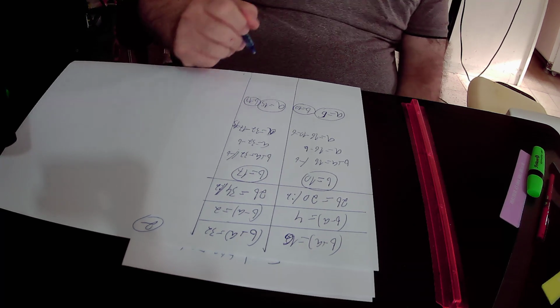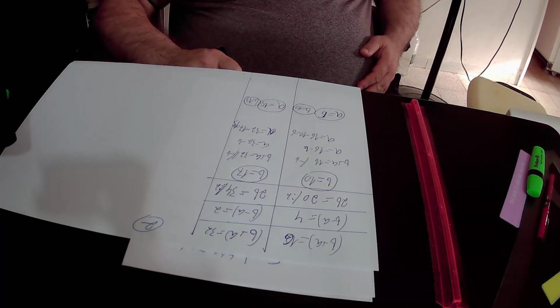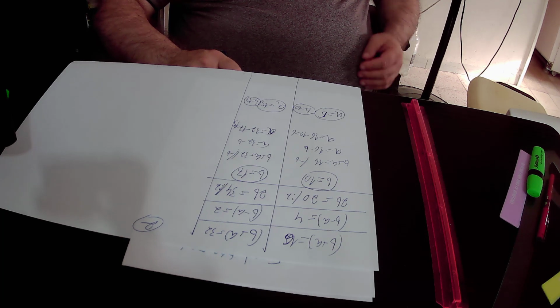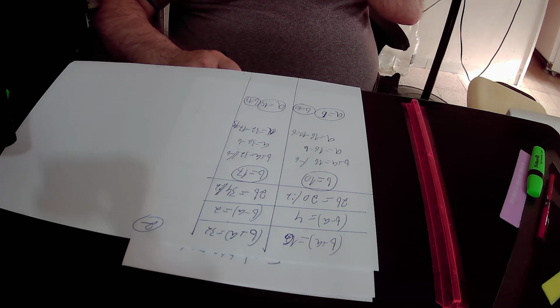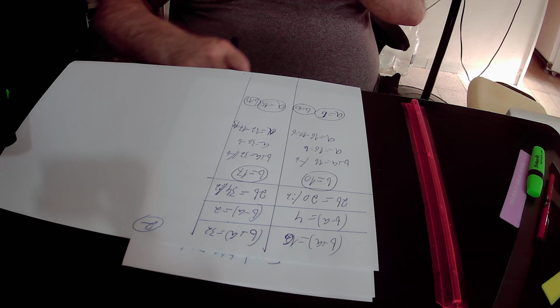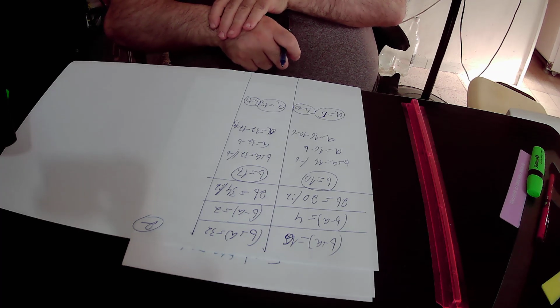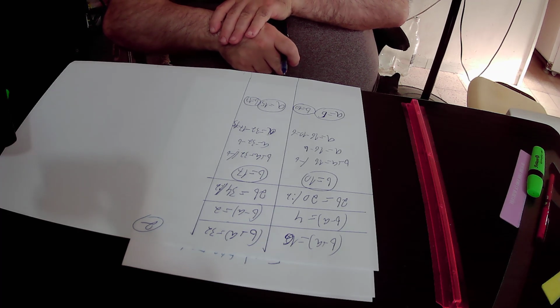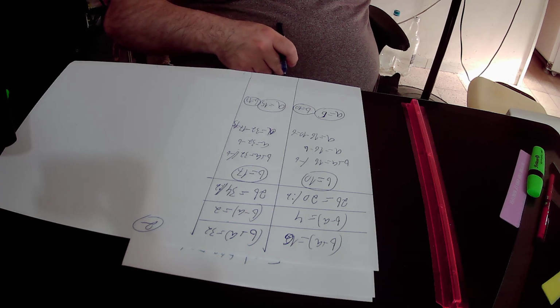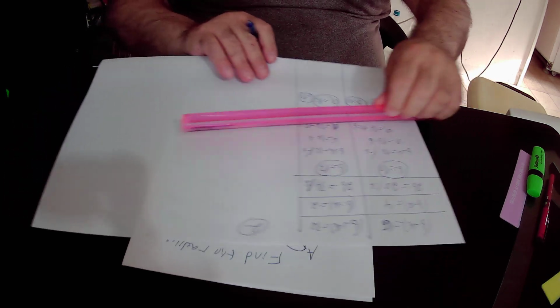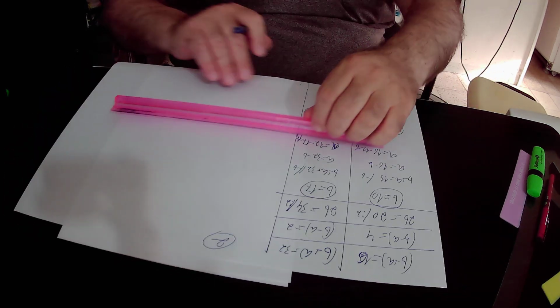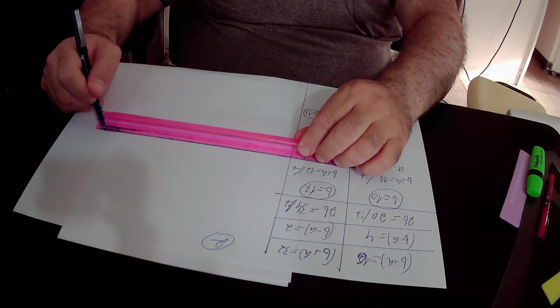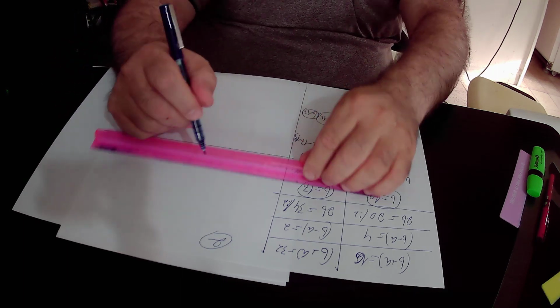In the next step I will draw the two right triangles that are the solutions to the question. The first right triangle, triangle ABC.